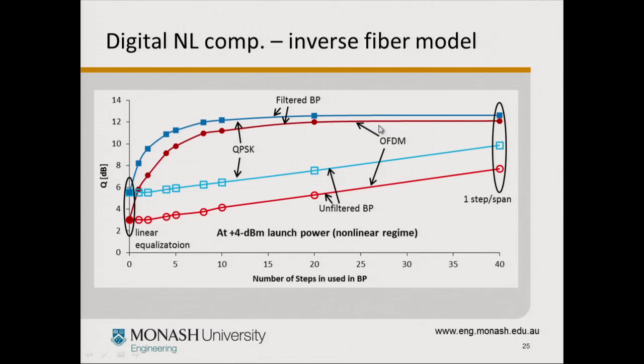The performance starts saturating around here, and the performance there is comparable to 1 step per span. So you can reduce the number of steps that are required by a factor of around 5 to 10 by adding a low-pass filter in.